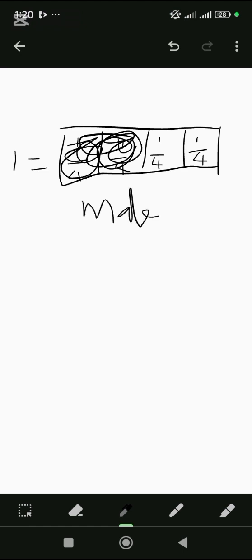In cases like this, we are going to shade part of this. So we can say that the shaded parts are male, so that the unshaded parts become female.